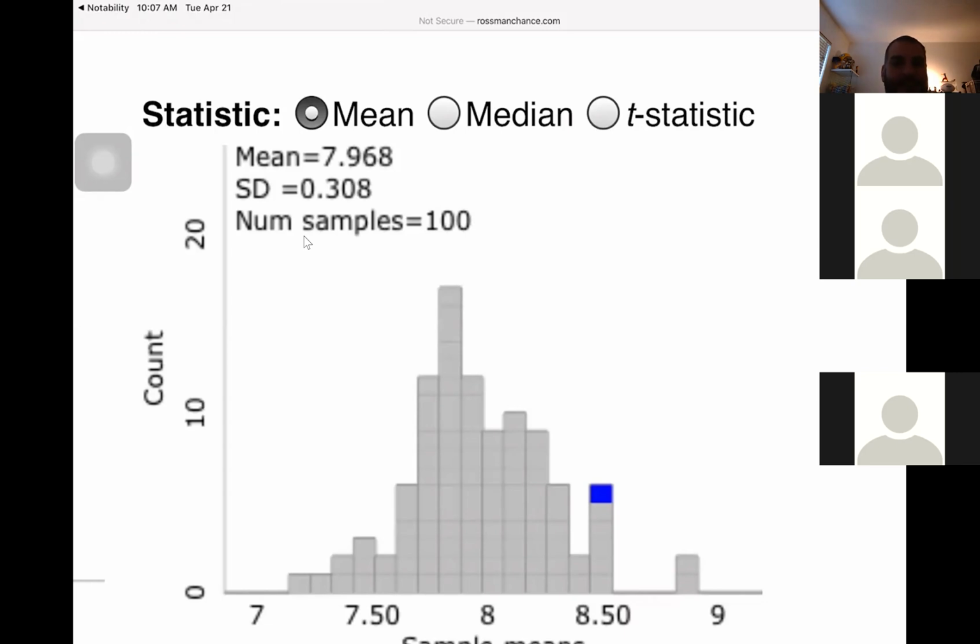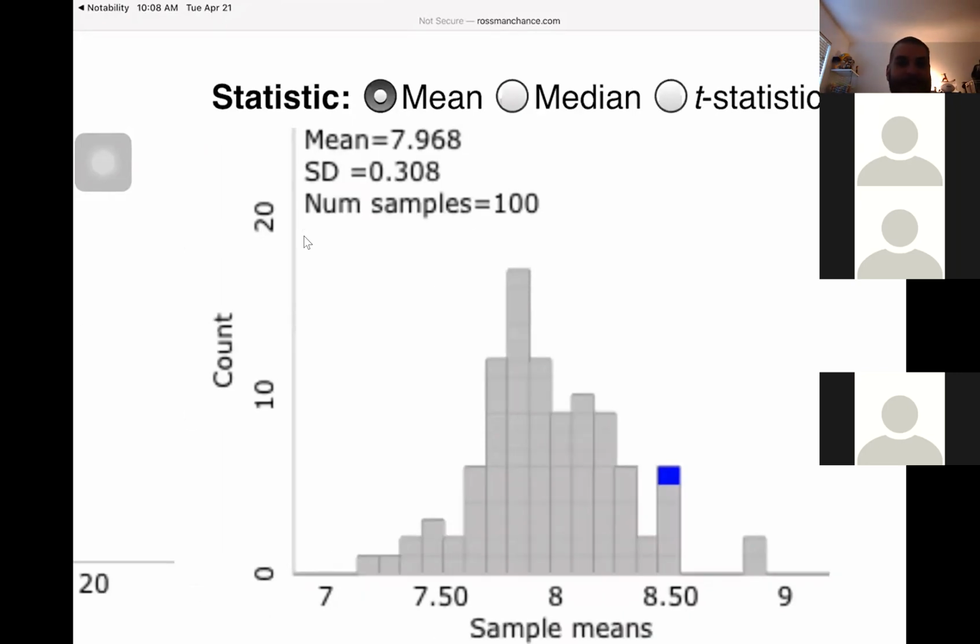The central limit theorem says if we start randomly selecting n many people or n many objects, our new distribution is going to be normal, or symmetrical. And that's what this is showing. It's symmetrical, going based off of the central limit theorem.